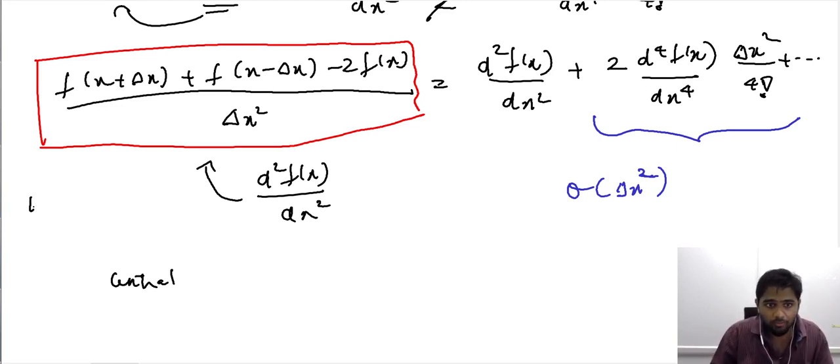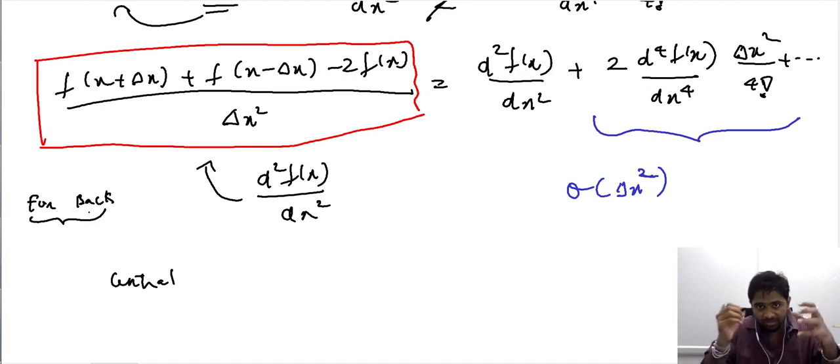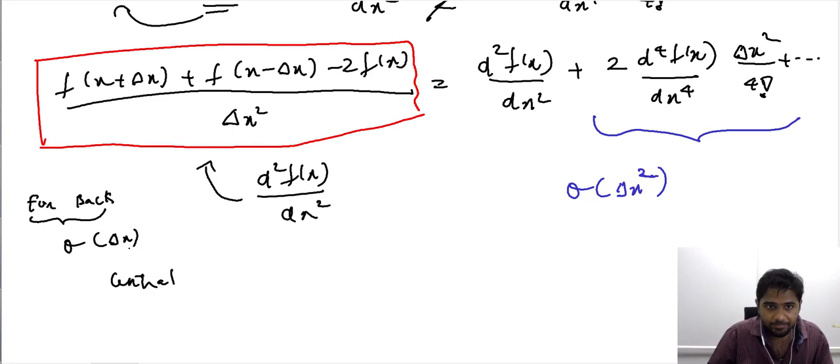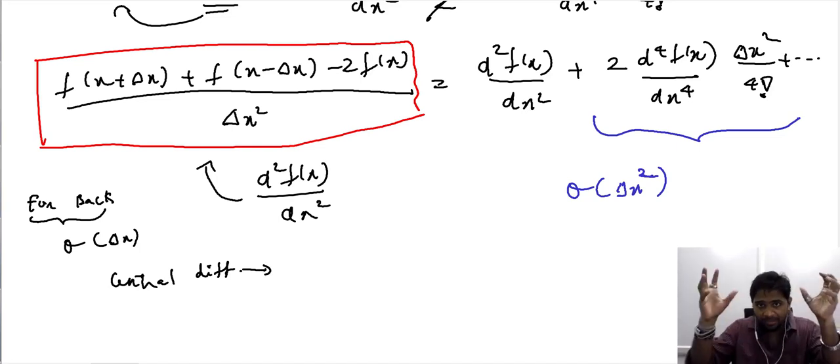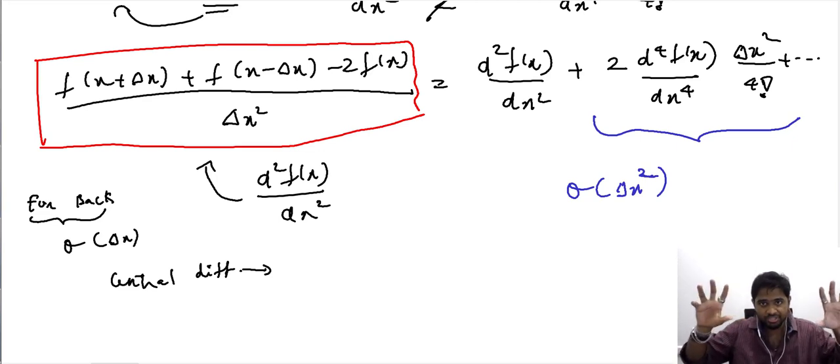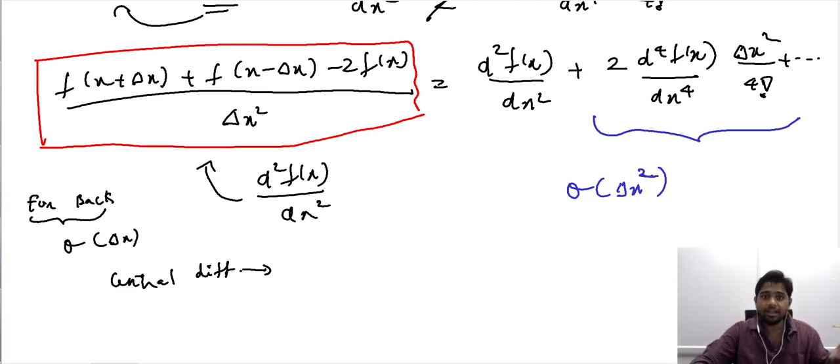The errors associated with both schemes are rather similar, and they are of the order of delta x. The central difference scheme encompasses the terms associated with both forward and backward difference, and when it considers both, the error is reduced by an order, to the order of delta x square.